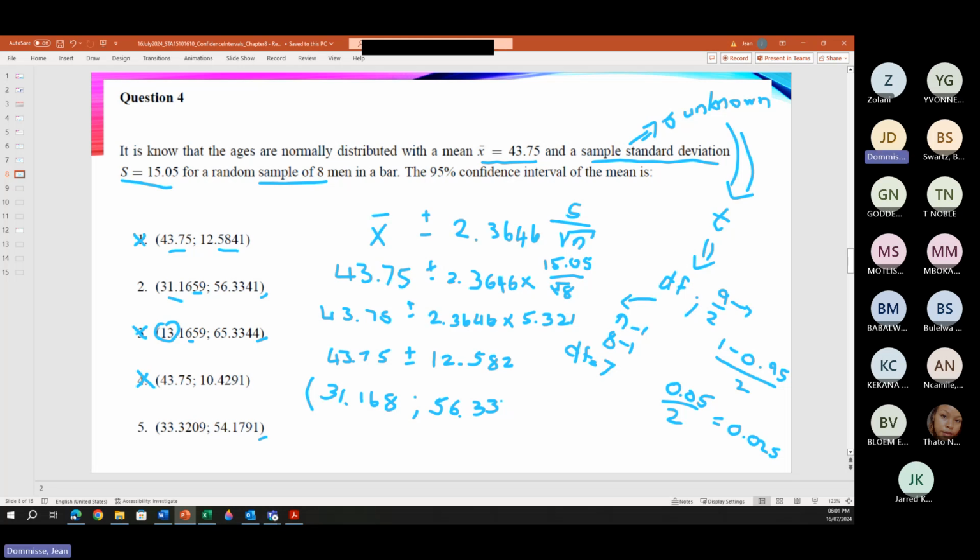And again, because I rounded off those two, it's not 100% rounded to that. But let's quickly make 100% sure. 0.582. So 56.332. So very close to that. But obviously, if I didn't round that off, we would have gotten the answer.